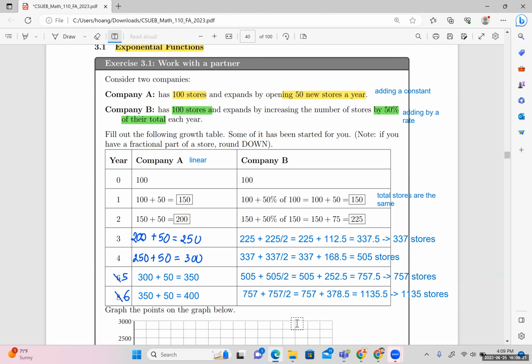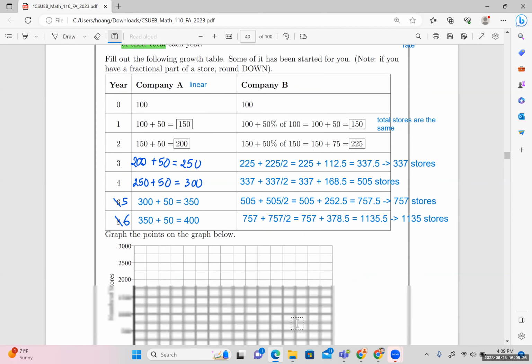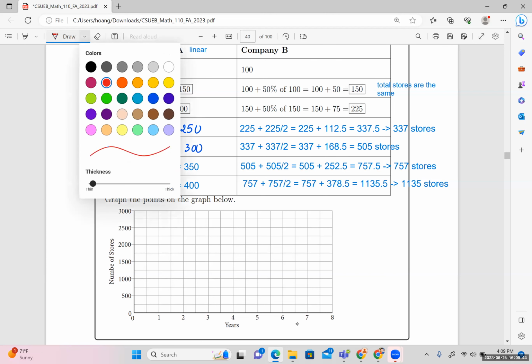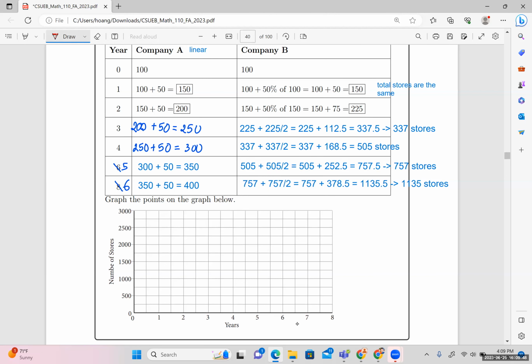So for this one, we're gonna have the graph, the points for each company. Let's say company A is in red. Okay. We have 0. It's hundreds, right?